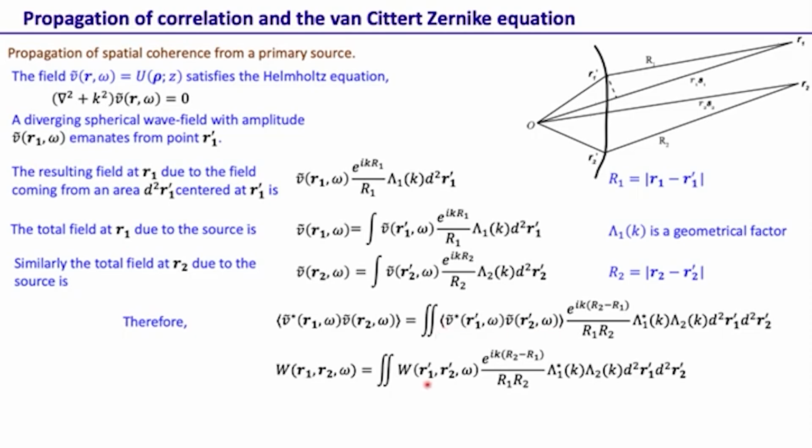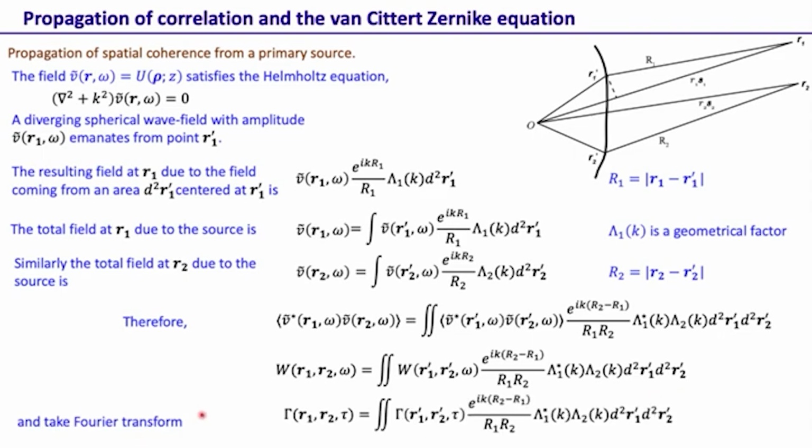This quantity is the cross spectral density function involving r1 prime, r2 prime, and this remainder is the remaining factors. And if we take the Fourier transform, we can also show that the cross spectral density function becomes the cross correlation function, and the cross correlation function at r1, r2 is related to the cross correlation function at r1 prime, r2 prime in this manner.